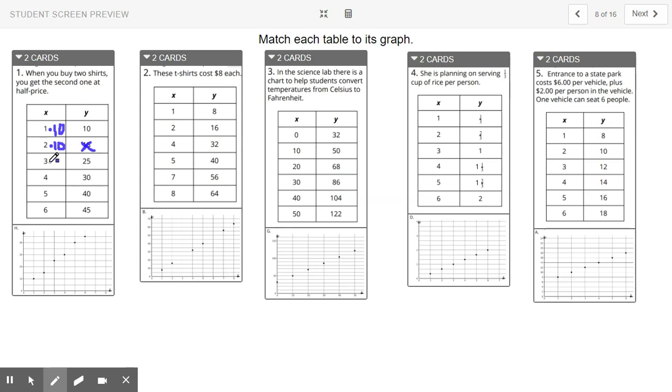And like 3 times 10 is 30. Well, this is saying y is 25. So this isn't proportional because I'm not going to multiply by the same number, right? So because I can't do 2 times 10 and get 15, this whole thing is not proportional.